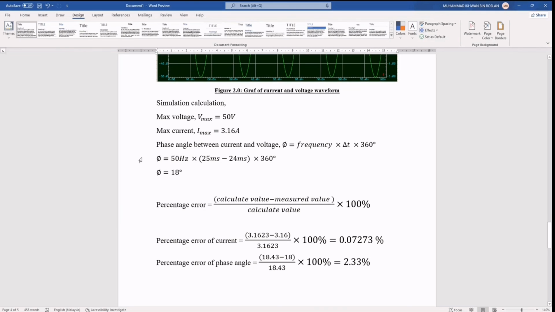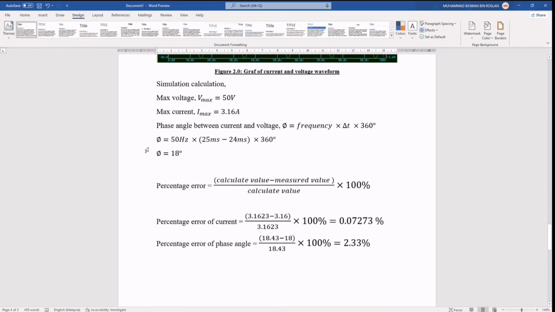And for the simulation calculation that we do, we can determine that the maximum voltage is 50, and the maximum current is 3.16 ampere, and the phase angle between current and voltage is frequency times time difference times 360 degree, and we get the phase angle is 80 degree.